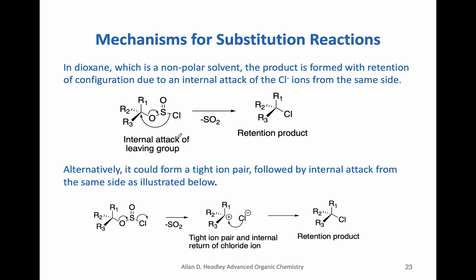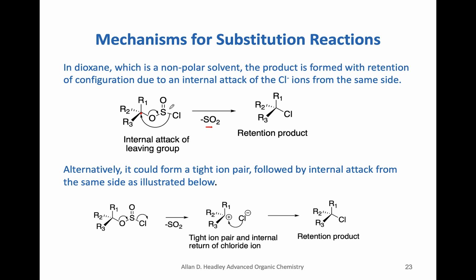So in the first step of the reaction, here we have a very good leaving group in the form of SO2 right here. That's a gas, so that's a very good leaving group, and it's neutral. So that's a very good leaving group, forming a carbocation or carbocationic-like species right here.